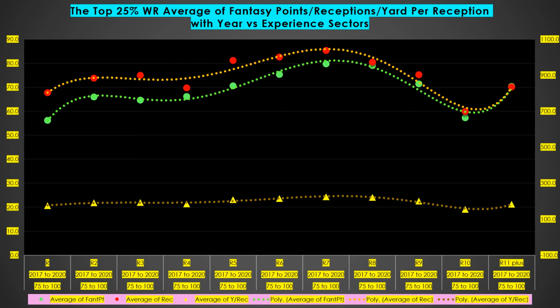And then fantasy points and then receptions fall together. But notice we've been on a downward trend, but after about, this is 8 years in, peak is at 7. So we've seen this peak at 7 concept before.